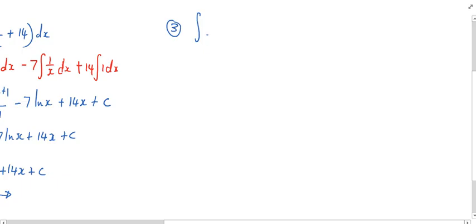So we've got, let's integrate the square root of, let's say, e to the power of 2t plus 2e to the power of t plus 1 dt.